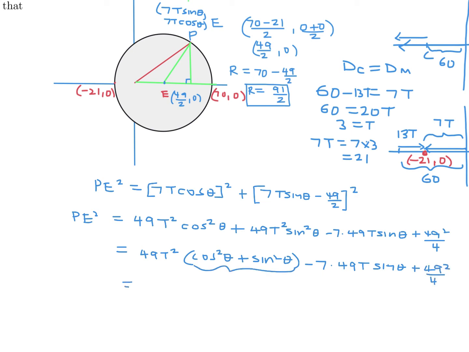That's one of the more famous trigonometry identities. So this is just 49t squared minus 7 times 49 t sine theta plus 49 squared over 4. Okay. And I think that's about as far as I can go there.